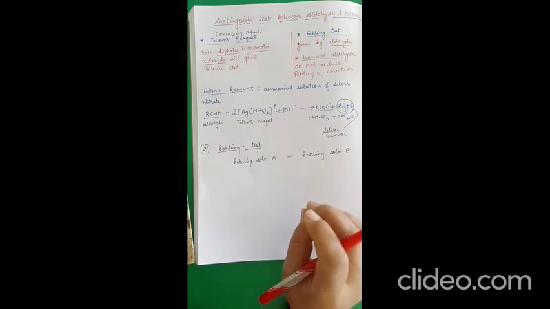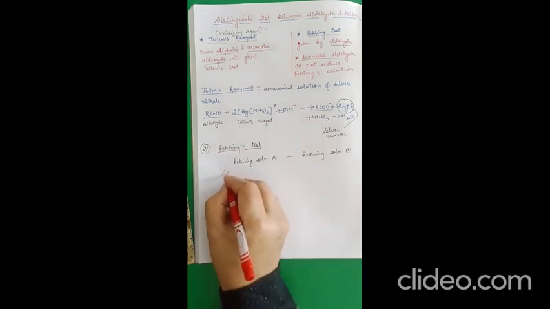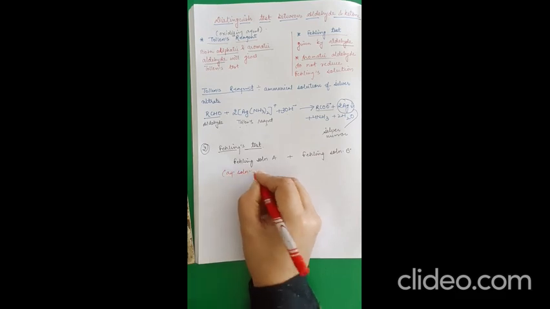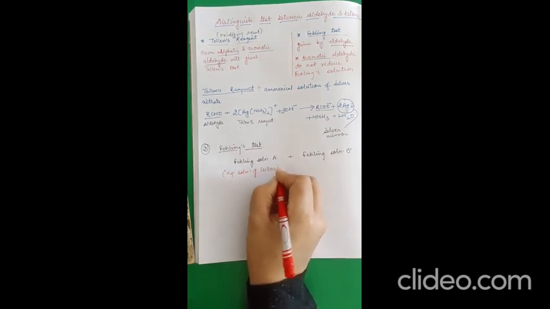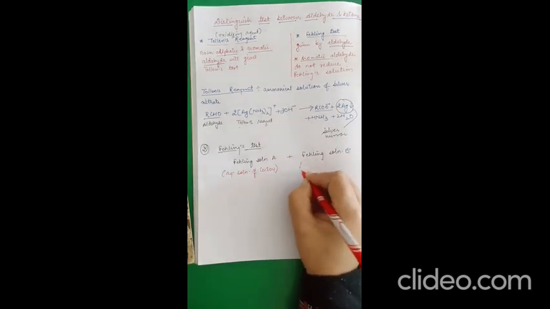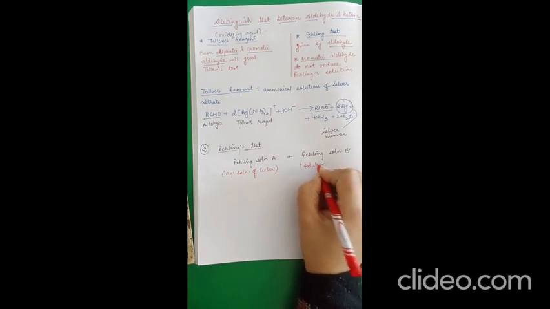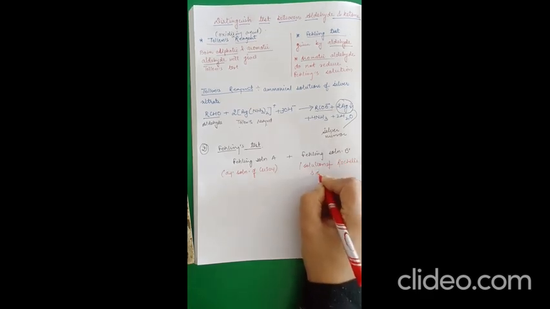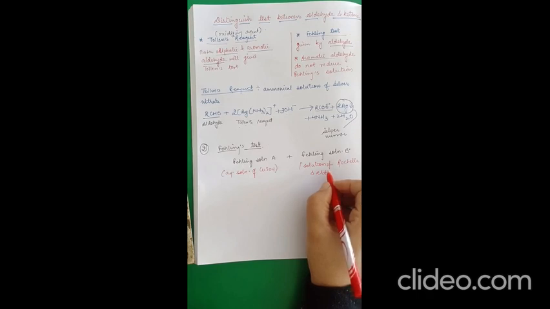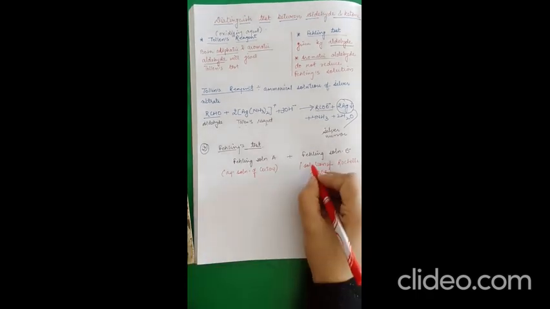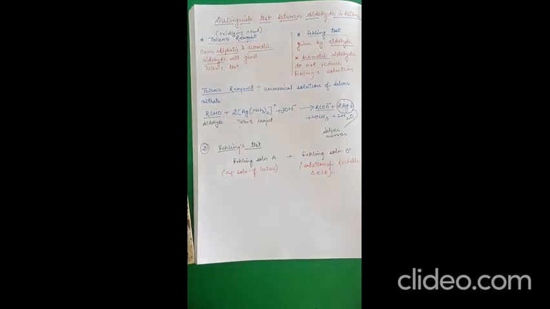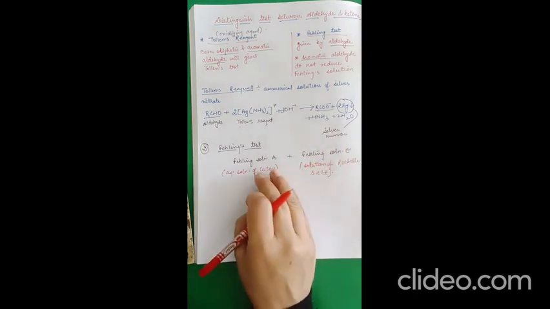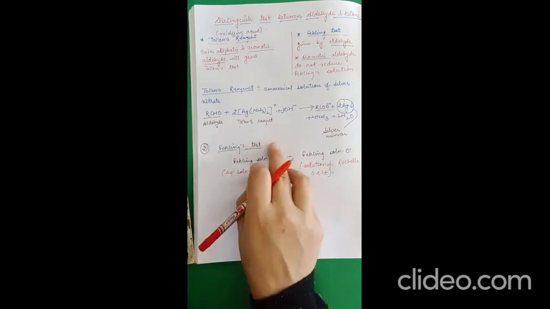Fehling solution A is the aqueous solution of copper sulfate, and Fehling solution B is the solution of Rochelle salt. Clear? Now we mix both solution A and B, and we will get the Fehling solution.